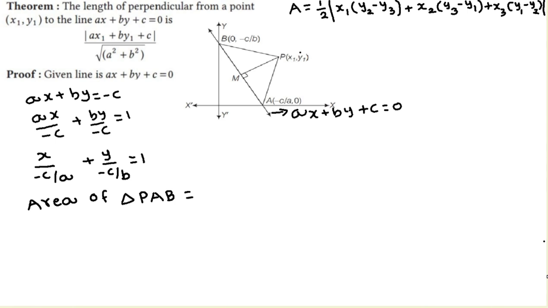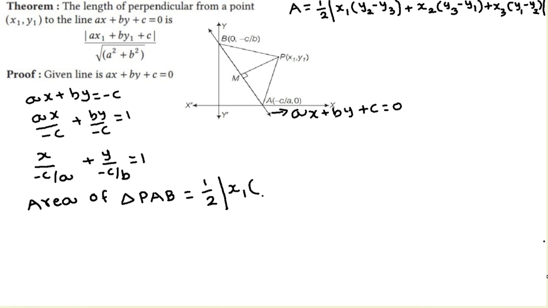Let's consider the first point to be (x1, y1), the second point A to be (minus c by a, 0), and the third point B to be (0, minus c by b). Let's use the formula half of x1 times (y2 minus y3).